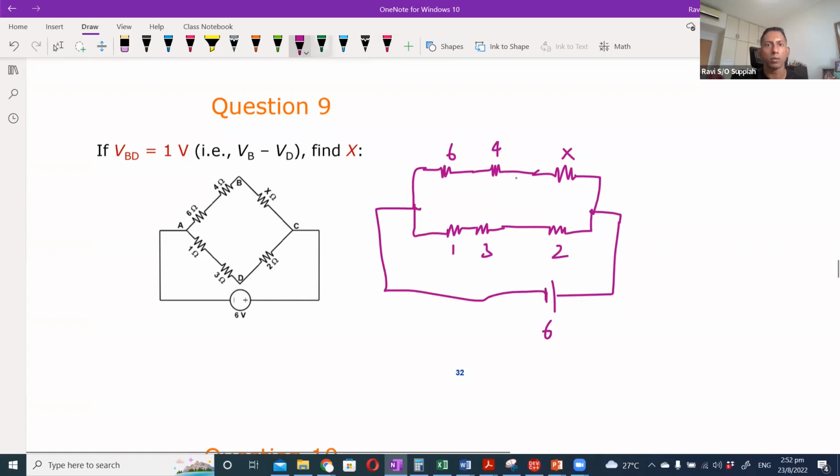This is 6 volt. This is your A, this is your B, this is your C, and this is your D. We are given that VBD is 1 volt, so this is 1 volt, with the 6 volt supply. Find X.